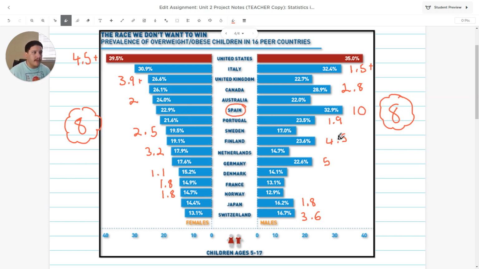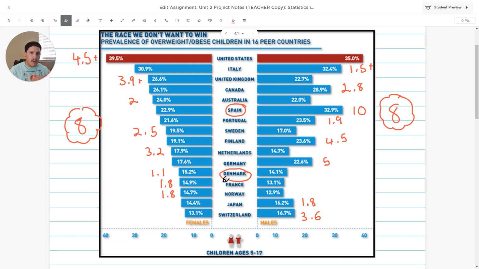The smallest difference, this would be another conclusion, would be Denmark. Denmark has about 1.1 points compared to other countries. So this is the smallest difference out of all of them, with Spain being the largest difference.